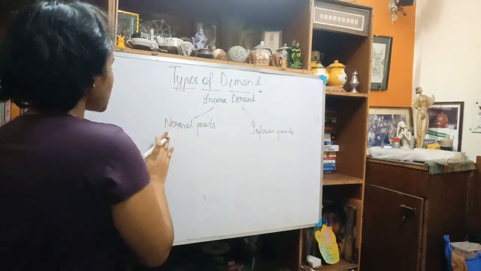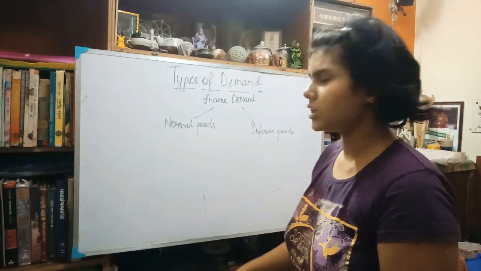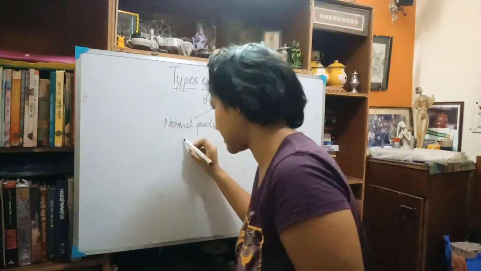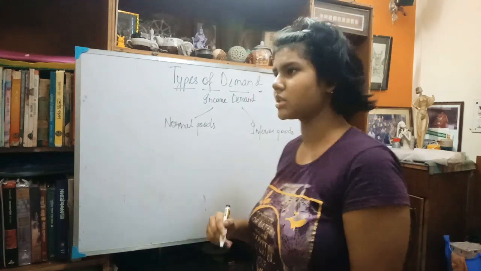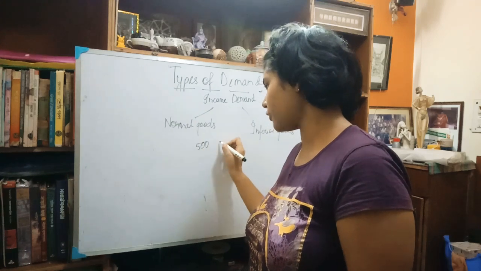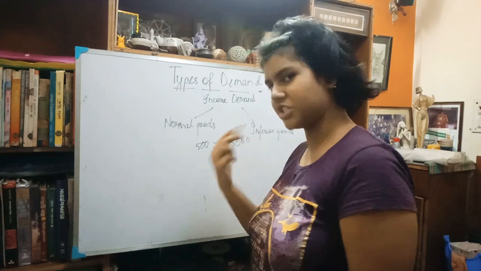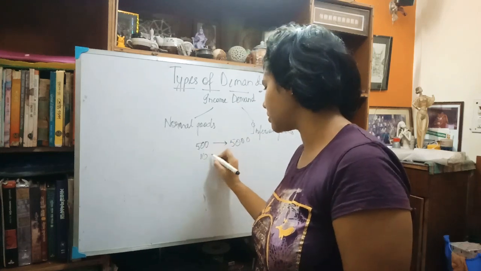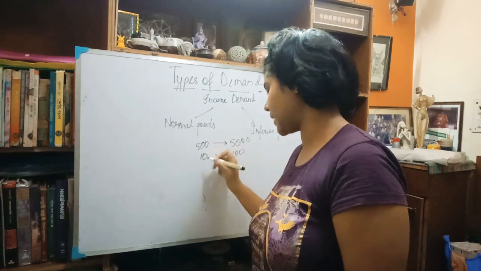Okay. So what are normal goods? Normal goods are basically those goods for which the consumer increases the income and increases the consumption simultaneously. Like suppose your income increases from 500 to 5,000. So your consumption will increase from 10 to 100. Do you get that? That's it.